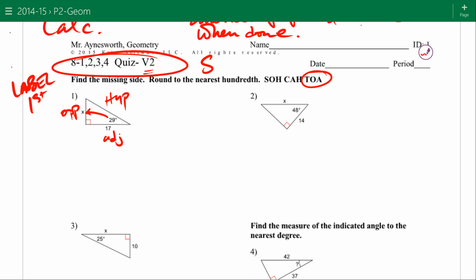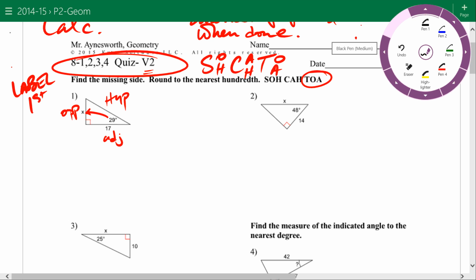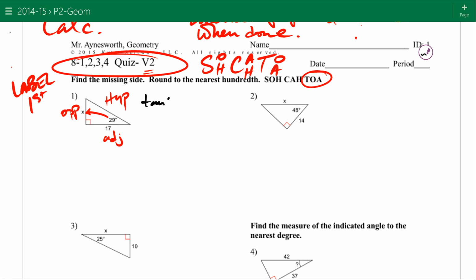Remember, sine is opposite divided by hypotenuse, cosine is adjacent divided by hypotenuse, and tangent is opposite divided by adjacent. So, SOH CAH TOA, as I always say. Let's go through it and detail it out. We take the tangent of 29 degrees and set that equal to opposite divided by adjacent.